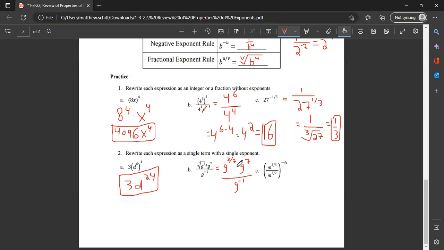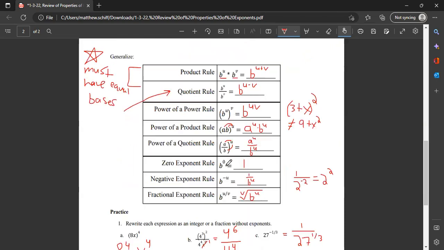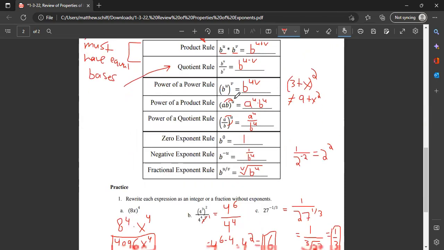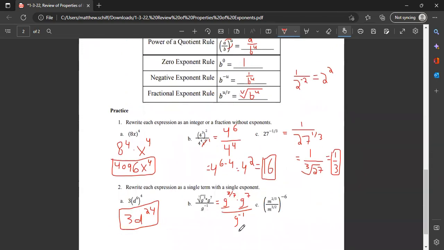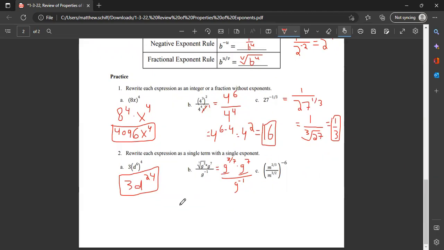And now in the numerator, I'm multiplying 2 exponential expressions of the same base. So that means I get to use the product rule, where I add the exponents since the bases are equal. So I got to do 3/7 plus 7. So on the side here, 3/7 plus 7. I need a common denominator. 7 can be rewritten as 49/7.